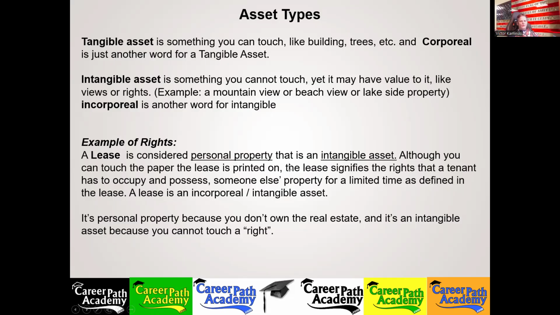So although you can touch the paper the lease is printed on, the lease signifies the rights that a tenant has to occupy and possess someone else's property for a limited period of time as defined in the lease. So a lease is an incorporeal or intangible asset. It's personal property because you don't own the real estate, and it's intangible because you can't touch your rights.